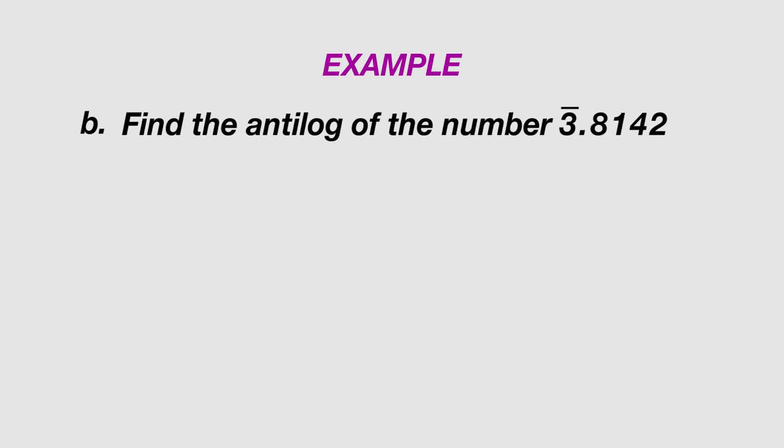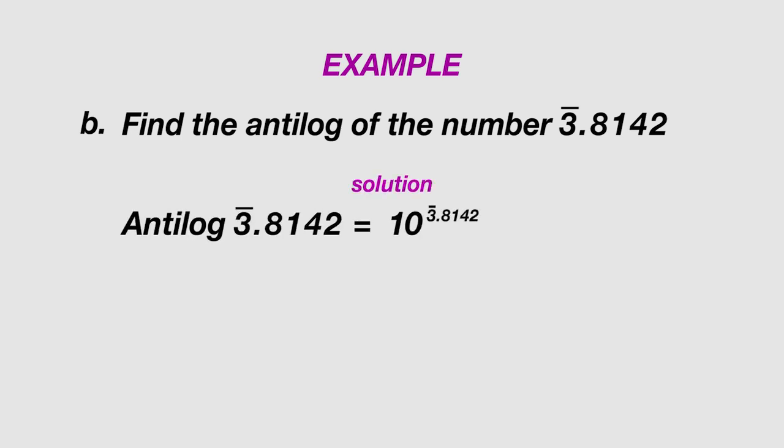Good. The second example says, find the antilog of the number bar 3.8142. Remember, we are using the calculator. Now, bar 3.8142. The first thing is write it as 10 raised to the power bar 3.8142. Then we are going to add the characteristic to the mantissa and get one answer. So we rewrite that as 10 raised to the power negative 3 plus 0.8142.